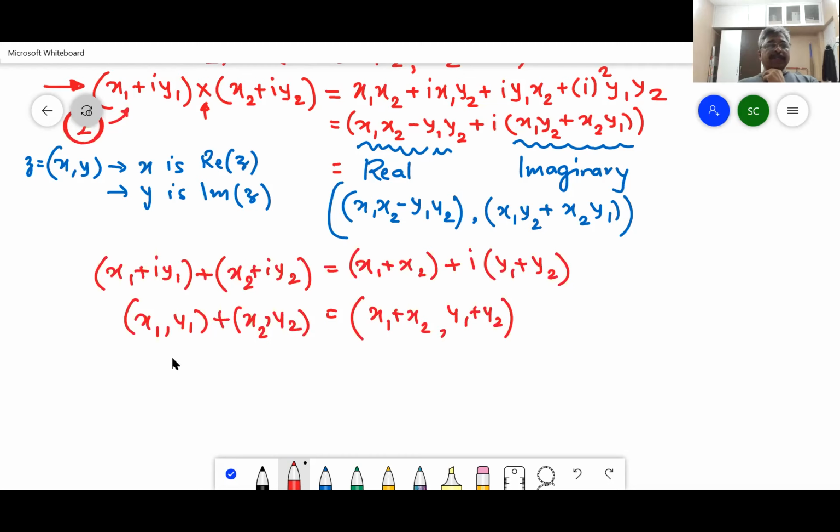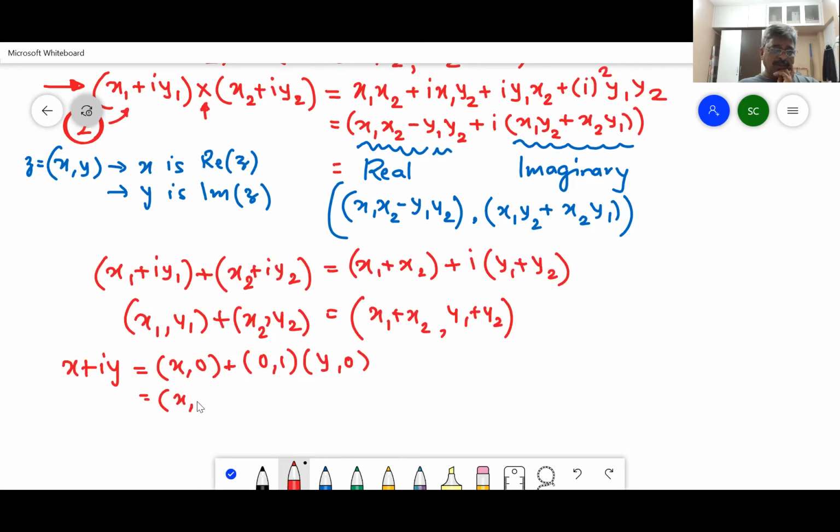So if this is the multiplication and the new notation, let us find out. This is interesting. Now x plus iy is equal to, what is my x? My x was a real number but represented as x comma 0, plus what was i? i was 0 comma 1. And what is y? y comma 0. Let us check what we get.